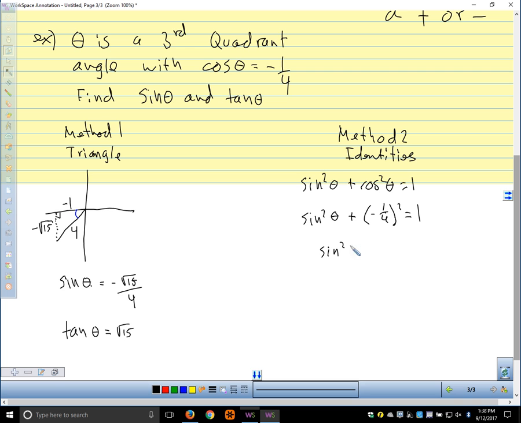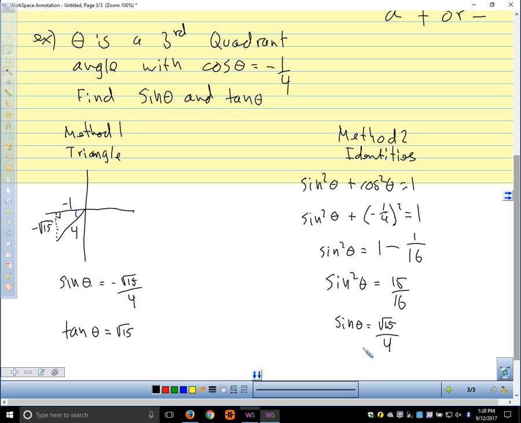So sine squared theta equals 1 minus 1/16. And 1 is 16/16 minus 1/16, so we get sine squared theta is 15/16. So sine theta is the square root of 15 over 4.